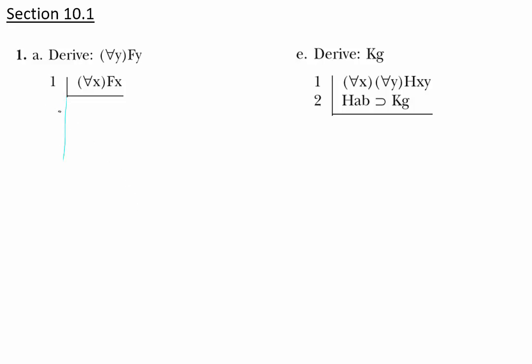So what we have in the beginning is for all x, f of x, and we're trying to get to for all y, f of y. So clearly, what we need to do is move to this by way of introducing an instantiating constant, and this is an arbitrary constant, not a specific individual, and so that's going to open up some possibilities in terms of being able to get back to the universal.